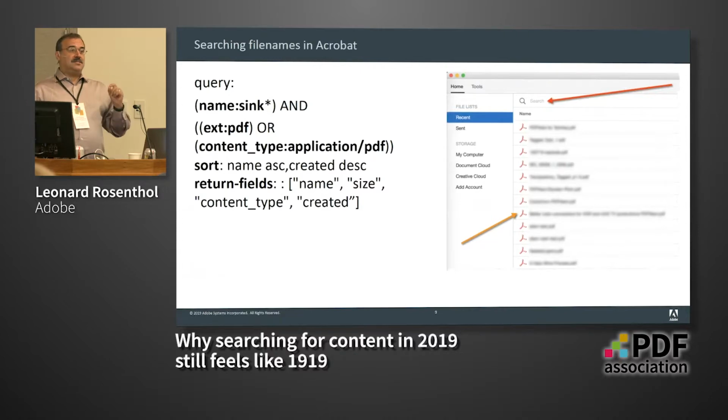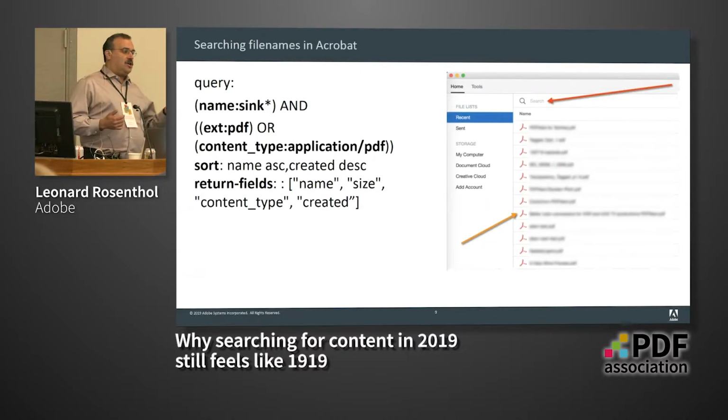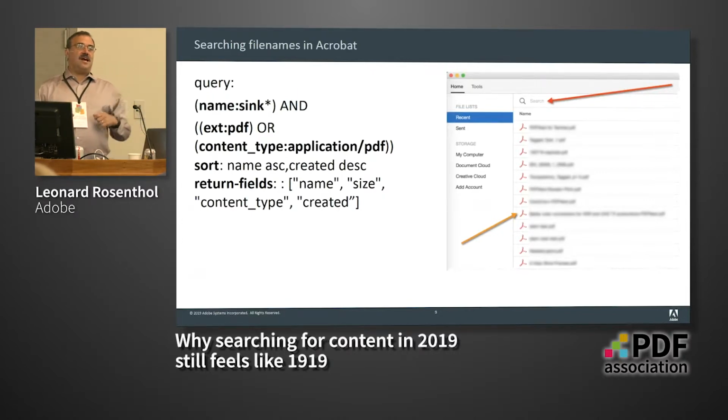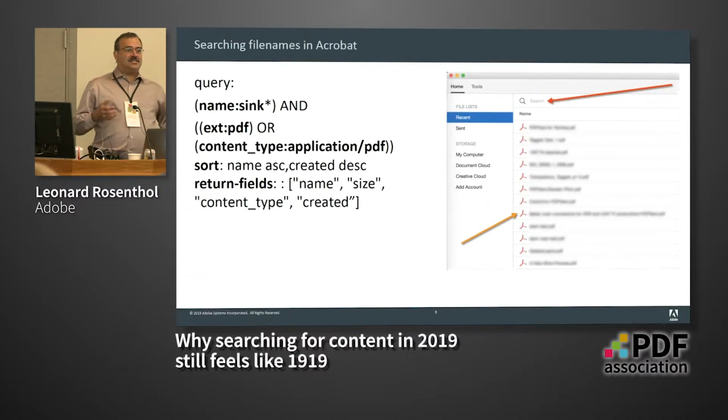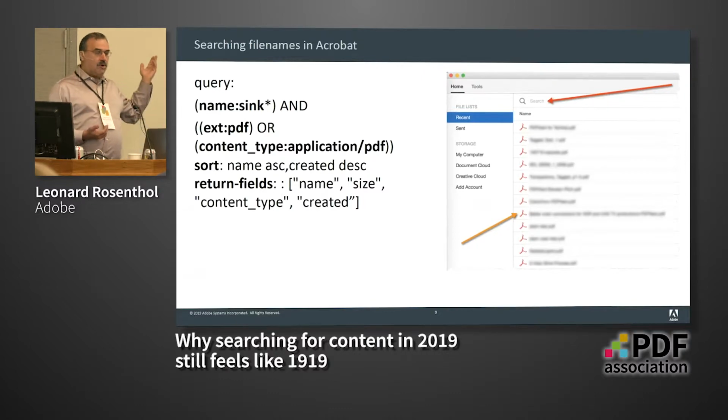Okay? So that means that, kind of going back to where we started, we've indexed this data, the name of the file and the creation date are two separate fields. We've indexed them, and we've identified them as things we want sortable. We've also identified the file extension and the content type as fields that we want to be able to search on also. And then what do I want returned?